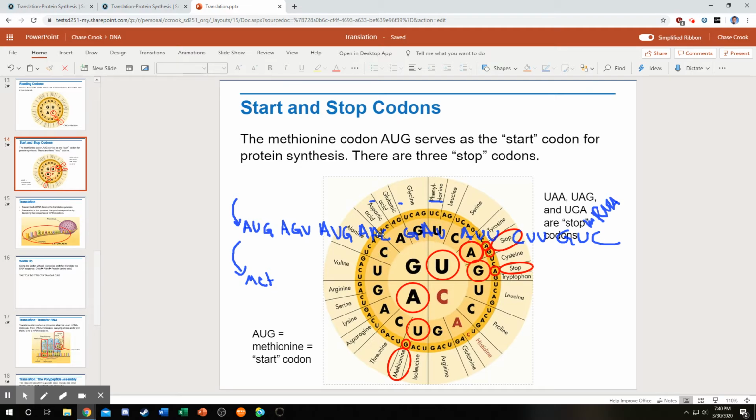GAU would be aspartic acid. AUU would be isoleucine. CUU would be leucine. And then GUC would be valine.